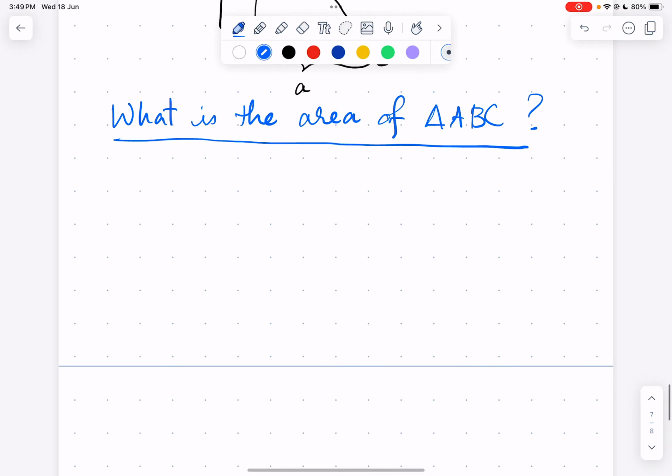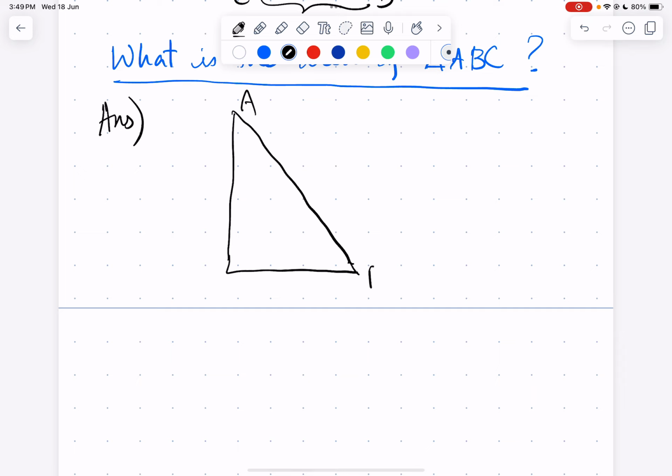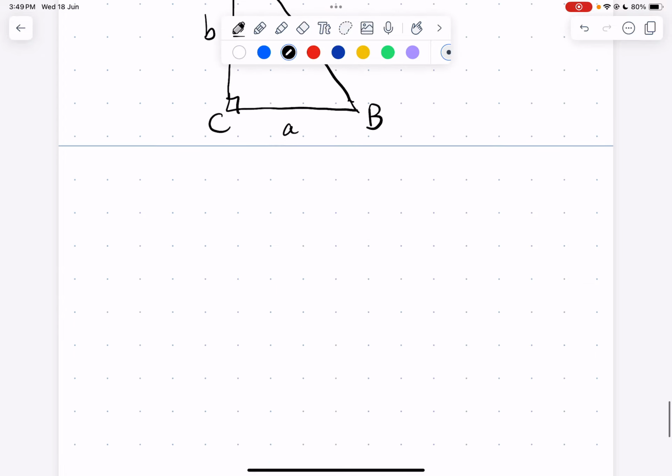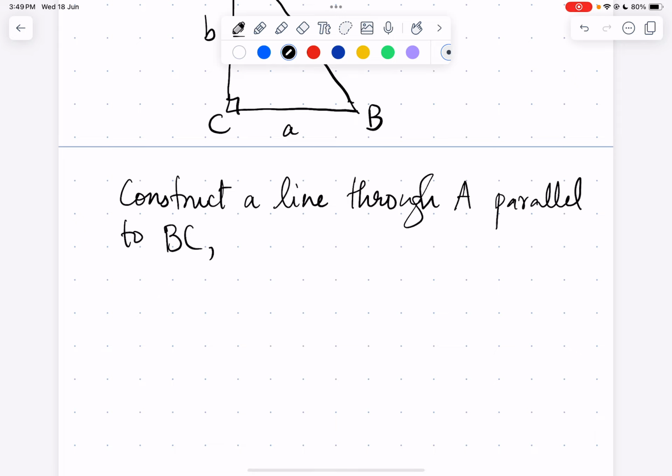So we'll proceed. So we have triangle ABC. What we'll do is construct a line through A parallel to BC, and a line through B parallel to AC.